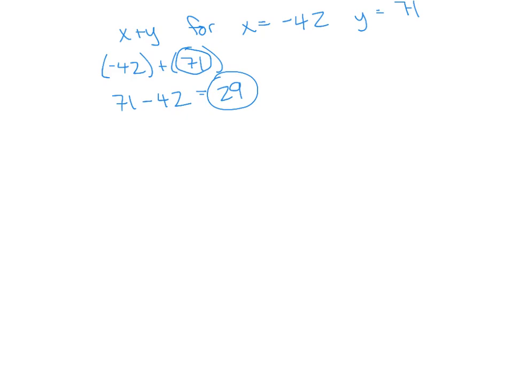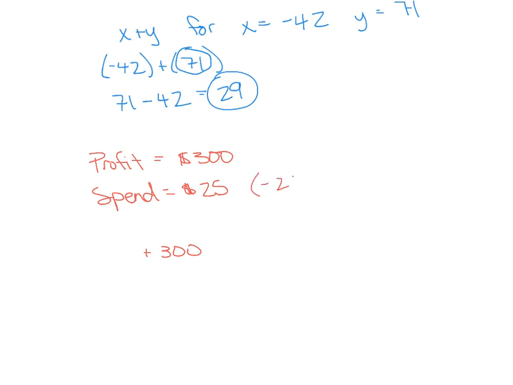So the team made, we profit $300, and we spend $25. Okay, profit is something you make, so we're going to look at profit as being positive $300. However, when you spend money, that goes away from you, so that is saying negative $25. So we have plus a negative $25.